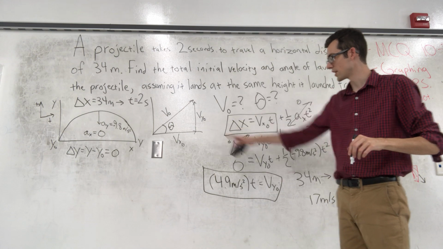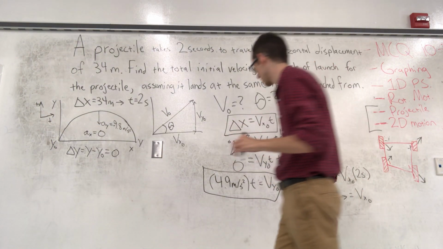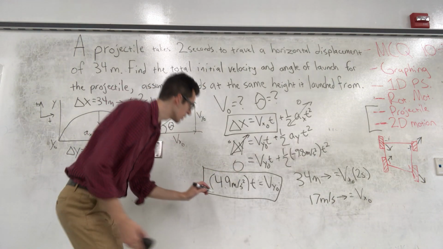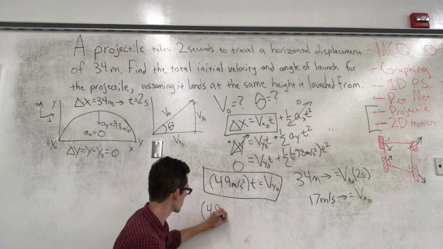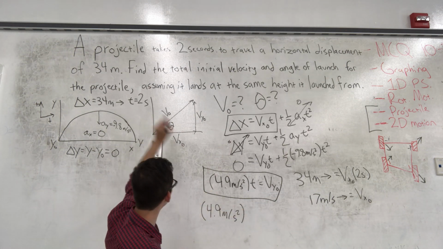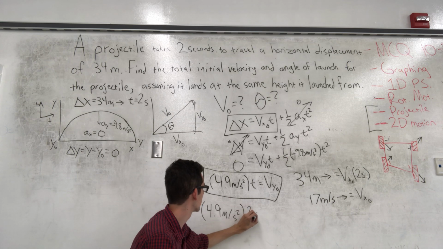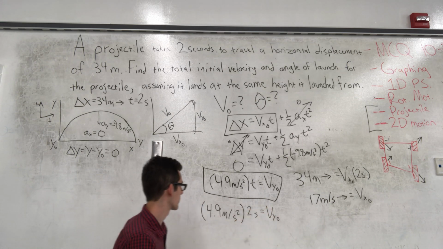We also need vy initial, so we'll go ahead and use our y equation to find vy initial. Substituting in for t, we get 4.9 meters per second squared times our time, which is 2 seconds, is equal to the initial velocity in the y direction.